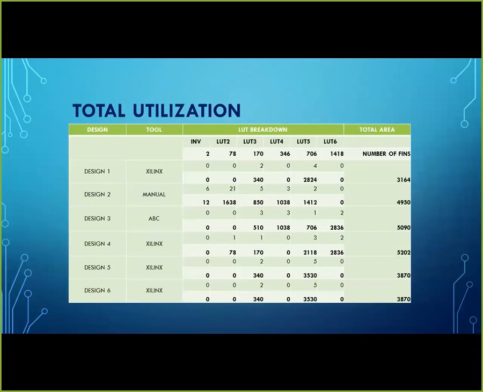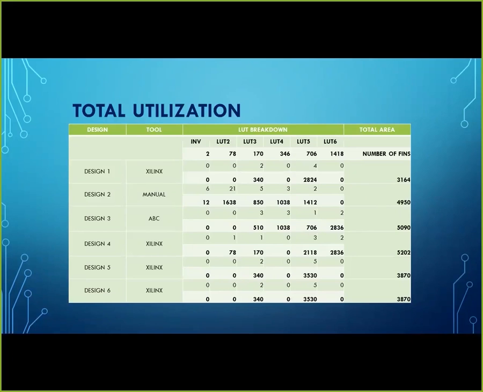So for the total utilization for the area, we had to make the multiplications by the number of fins based on what was given in the material. So you can see that design 1 gave us the total area 3164.